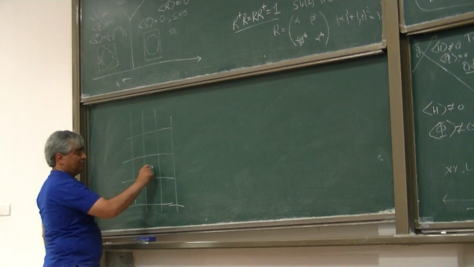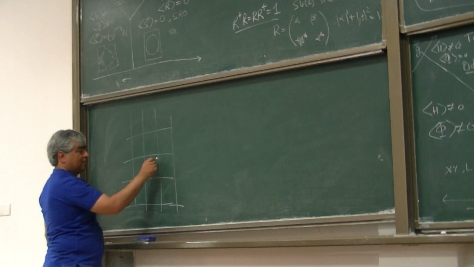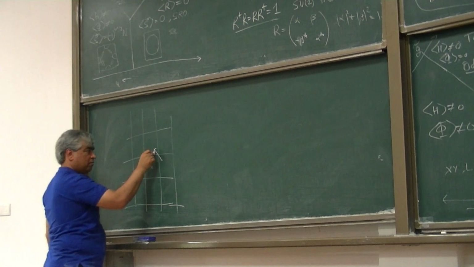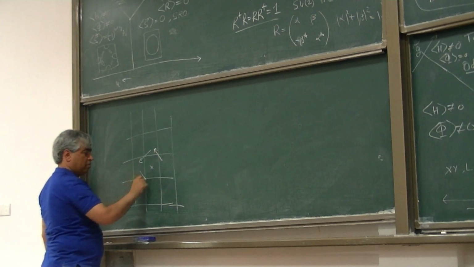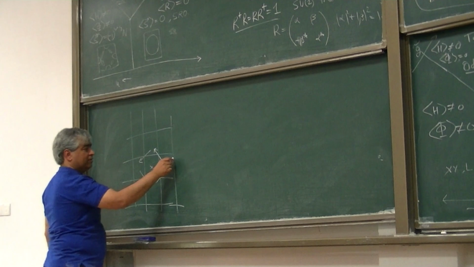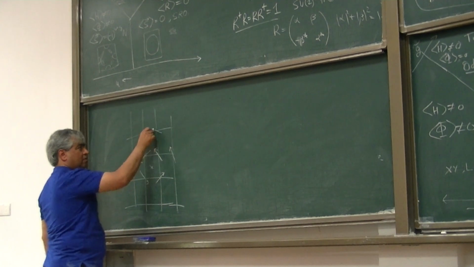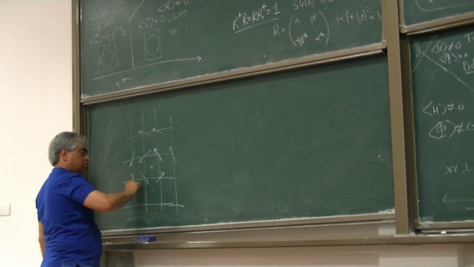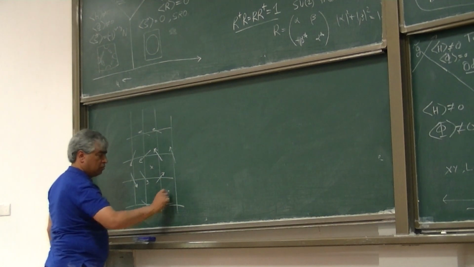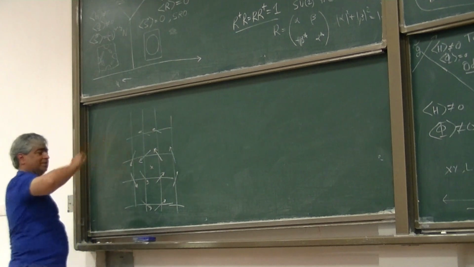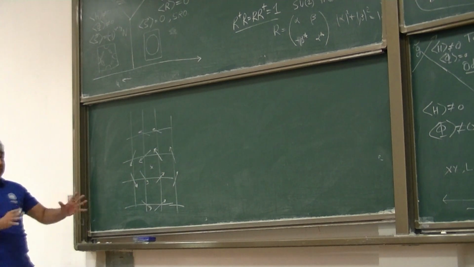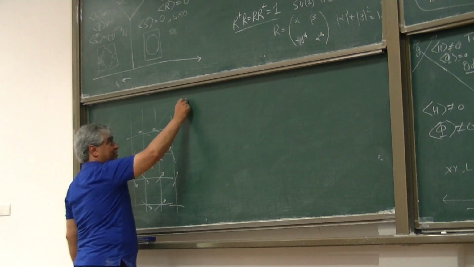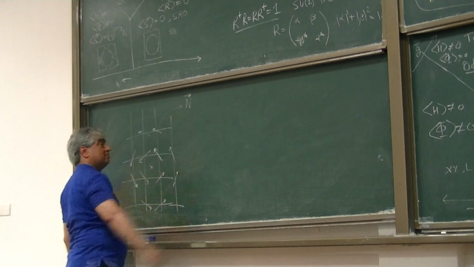So then imagine there's a vortex here, and the spin is pointing like this. So what I'm drawing here is the physical field n.